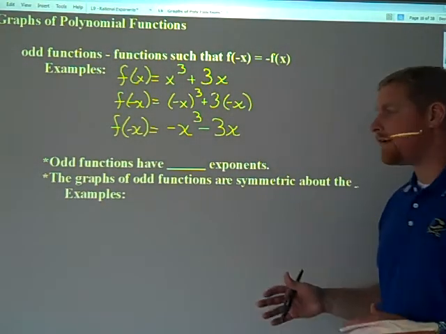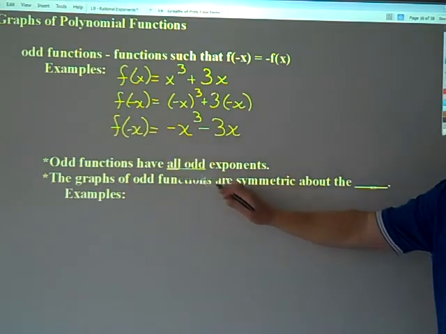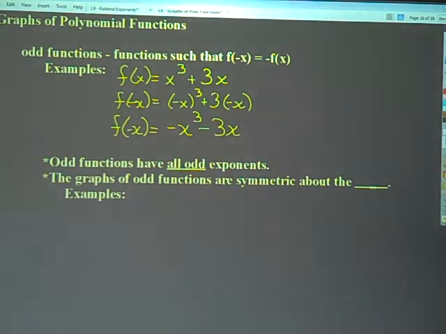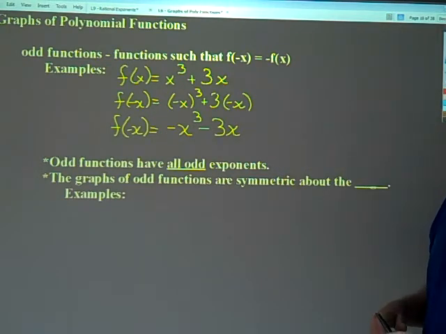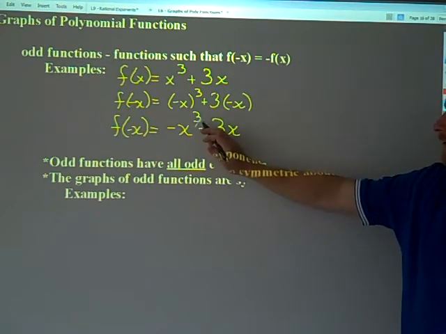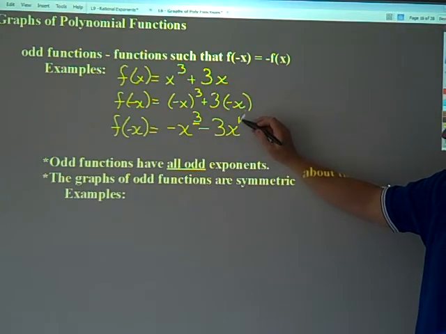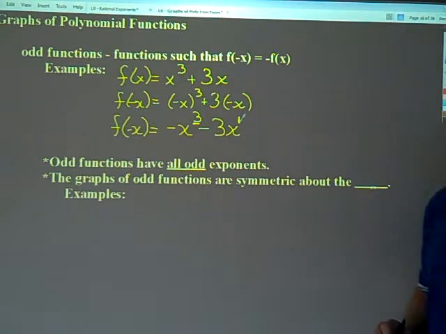Now, one thing you probably notice about odd functions as well is that odd functions have all odd exponents. So an odd function will not have any even exponents in it whatsoever. And if you look here, yes, this is an odd exponent. And remember that x to the first power is an odd exponent.